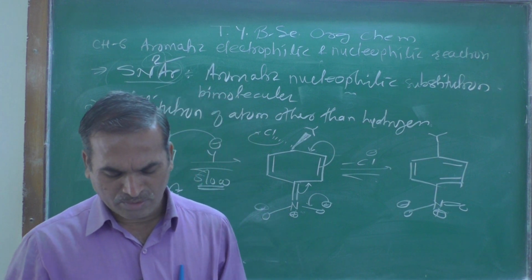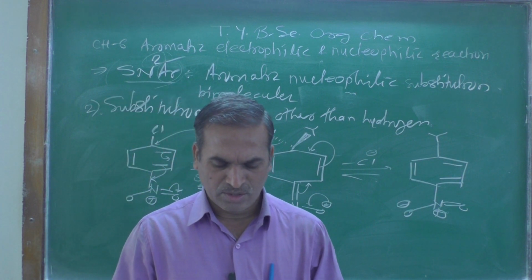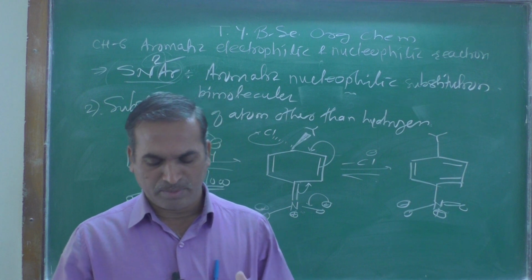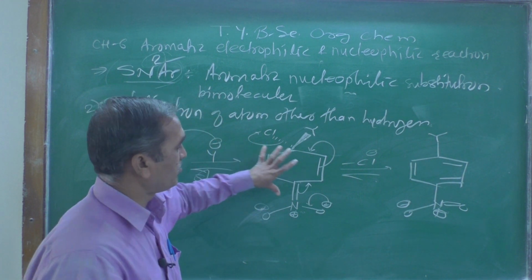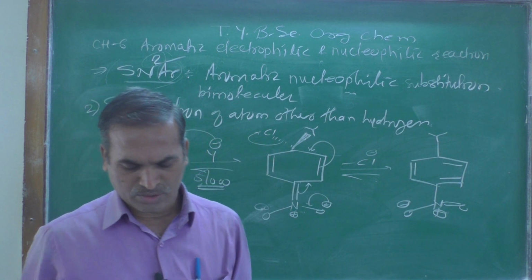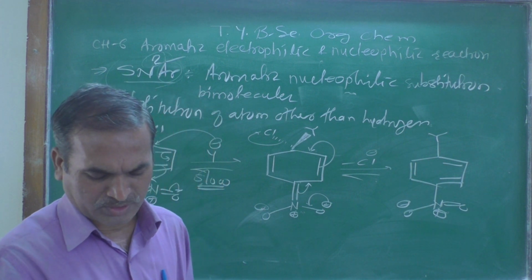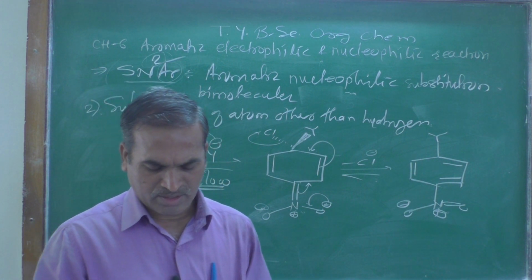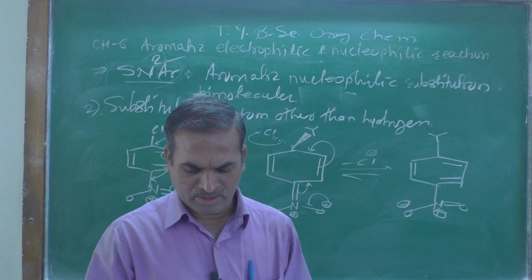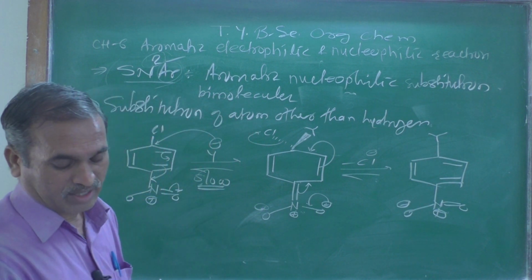Now let us see the support for intermediate formation, how this intermediate is formed. Here we are going to see one more example, a methyl ether.